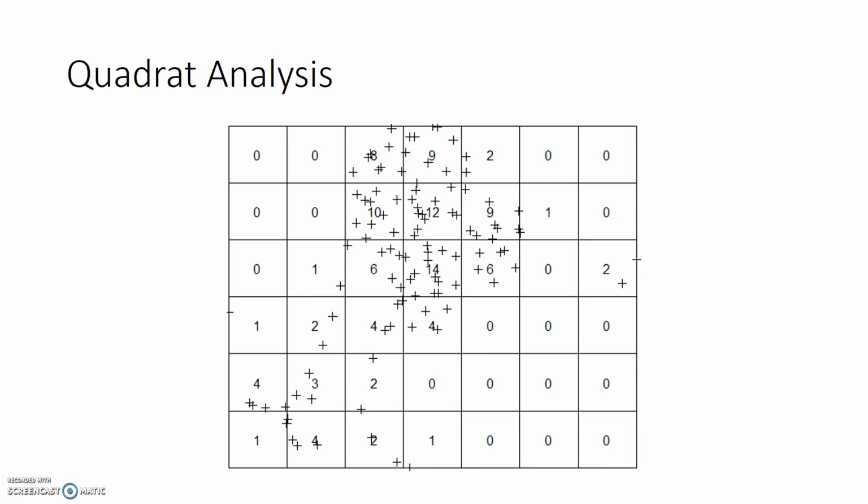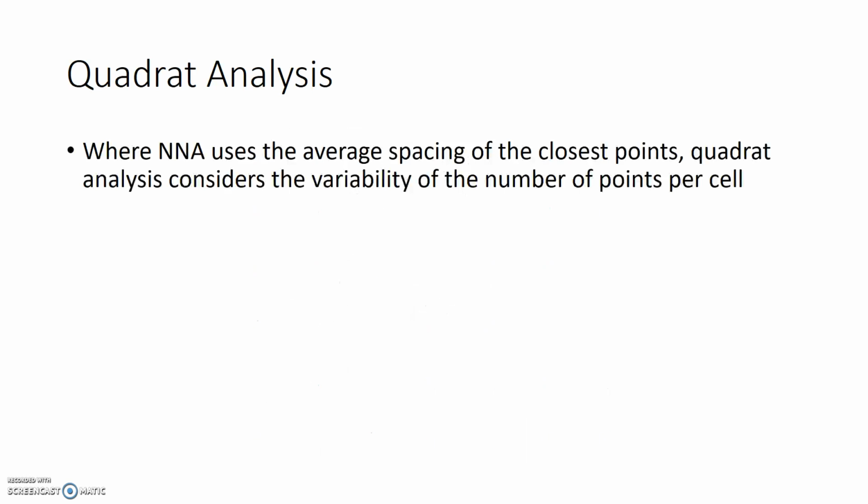And you can tell how many points there are in this visual example because the numbers in each cell are representative of the number of points. So imagine if we had this distribution of points, we drew up this equal-sized grid, and then someone went through and jotted down the number of points within each grid box. This is how we start quadrat analysis.